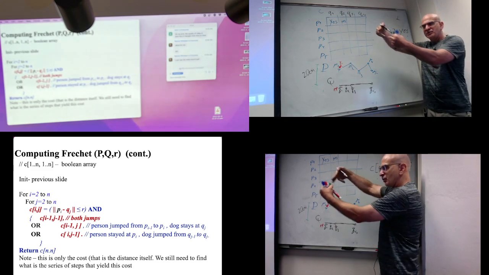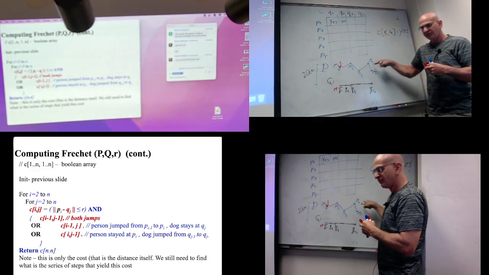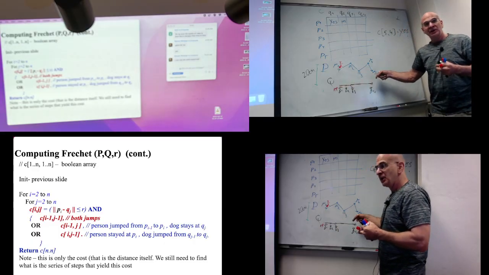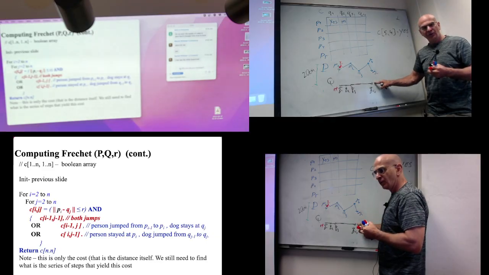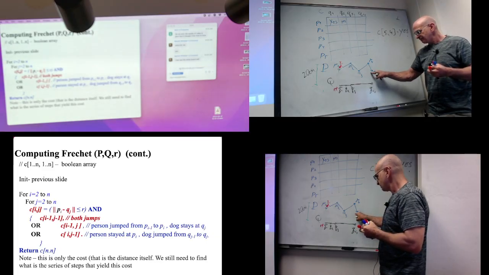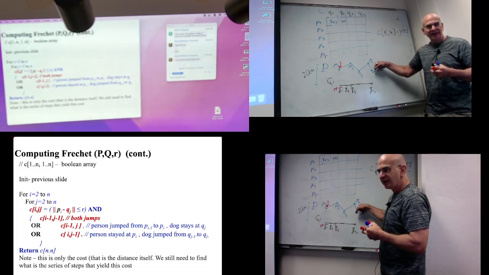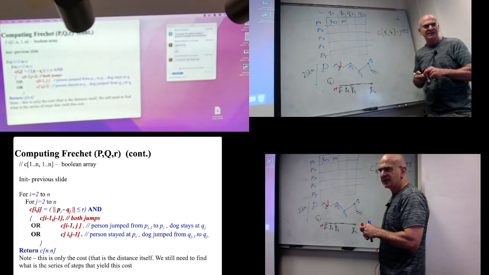We are talking about the whole Frechet of the prefixes. In particular, now I'm looking at the whole prefix of P, which is whole of P, the whole prefix of Q, which is whole of Q, and they must end at P5 and Q4. When the person is at P5, the dog is at Q4. Maybe there are other times that the person is at P5, but definitely in the last step. That's where they end their trip.